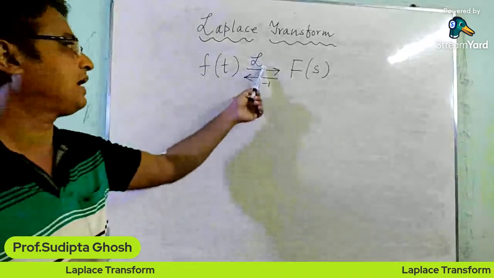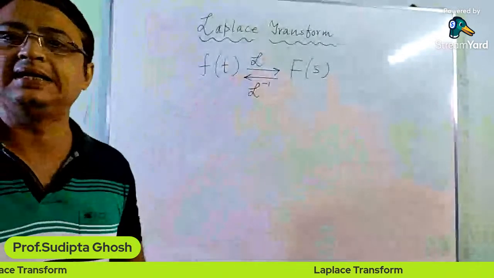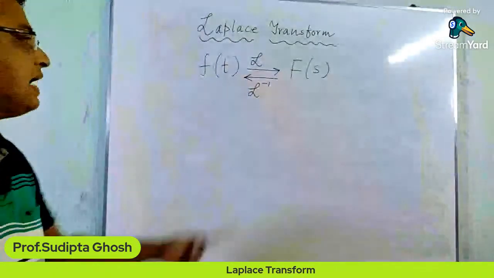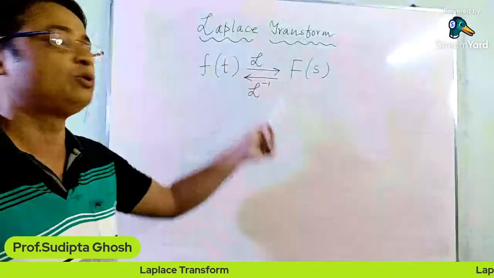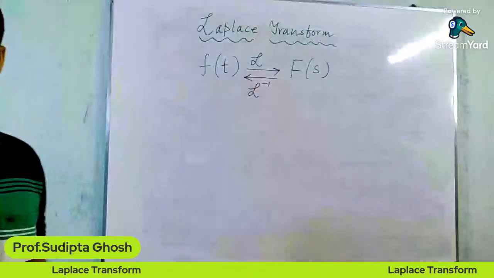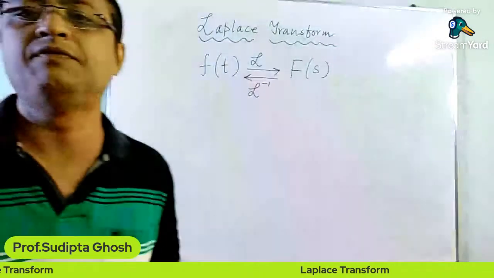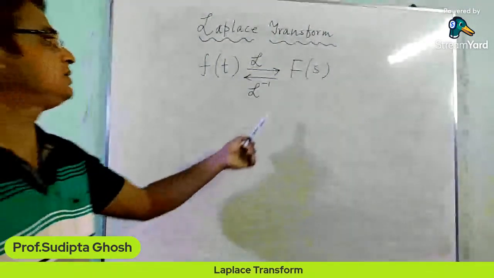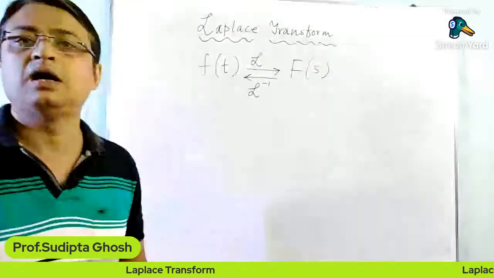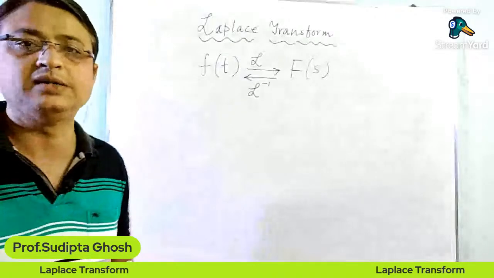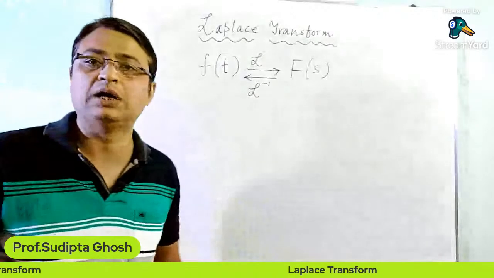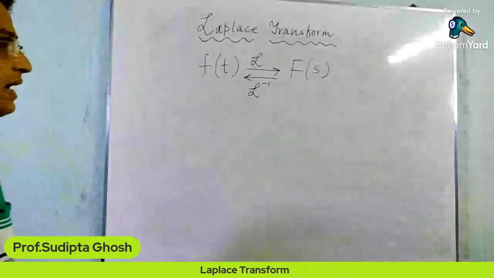So the cursive form of capital L tells us that it is the Laplace transformation, and inverse Laplace, that is L to the power minus 1, is the inverse Laplace, and this also enables us to convert the function from its frequency domain into the time domain. Now how can it be done?